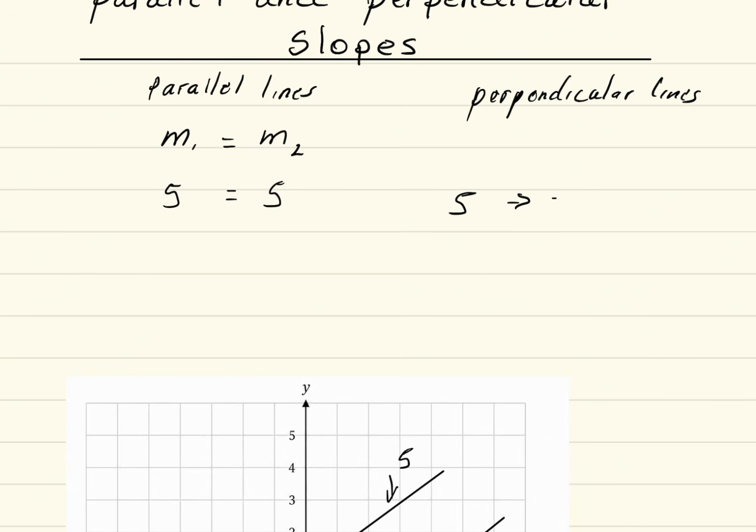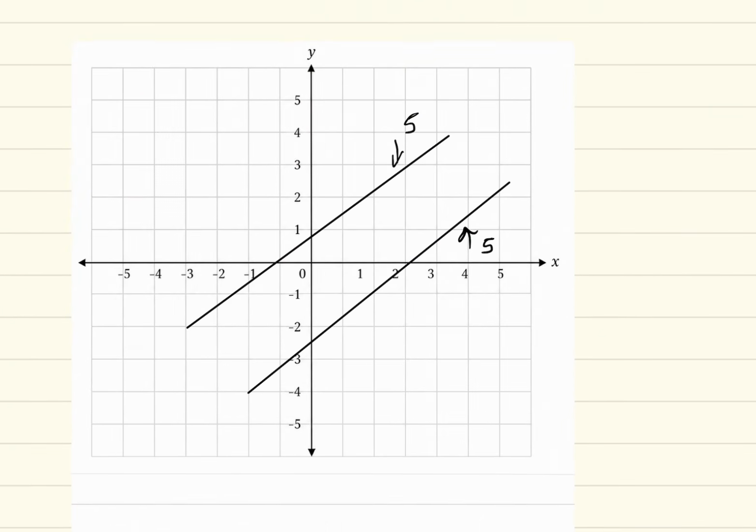So what that would really mean, if I draw it on the graph, say we had one of these lines, the other one would be at a right angle. Say we drew a line like that, it would be at a right angle. So we signify a right angle like this, if you remember.